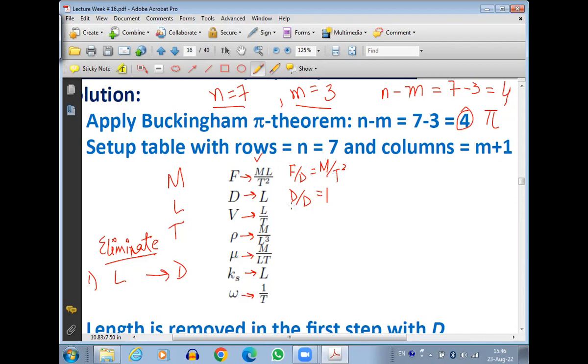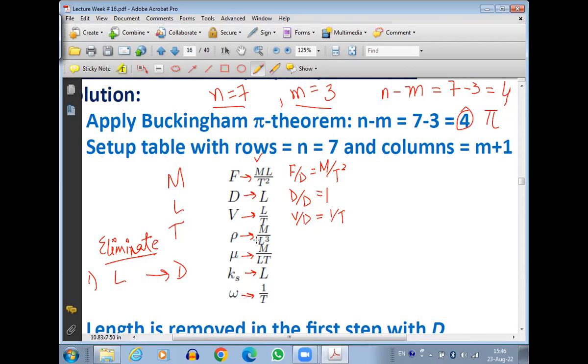Okay. Now let's see here. It is L by T for velocity. If I want to eliminate L, I have to divide by D. So it will become V by D, which is 1 over T dimension, right? Eliminated length. Now in this case, density is M by L cubed.